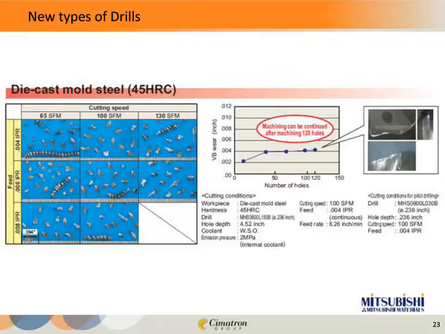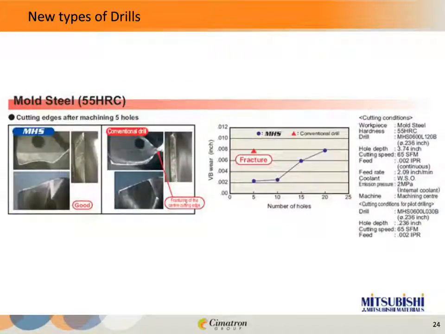We're looking at a .236 diameter drill, drilling 4.5 inches deep, and it's moving right along pretty good. And here's a mold steel at 55 Rockwell, and we can see that based on the number of holes, what kind of wear we're getting versus a conventional drill.